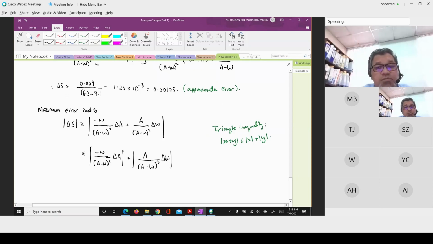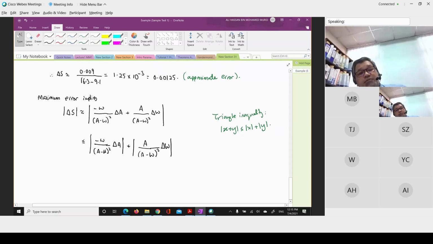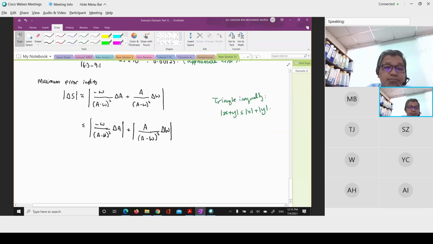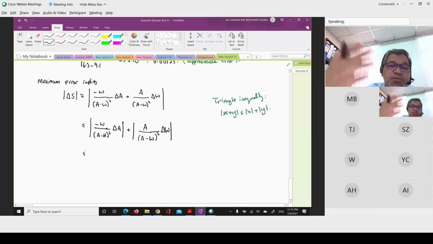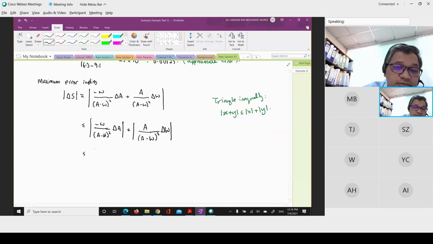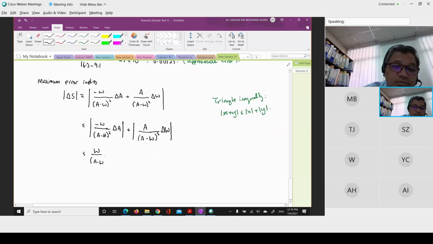This is what we need to apply when we look for the maximum error. The absolute value of minus 1 is 1. So we have W over A minus W squared delta A, and then this one here.